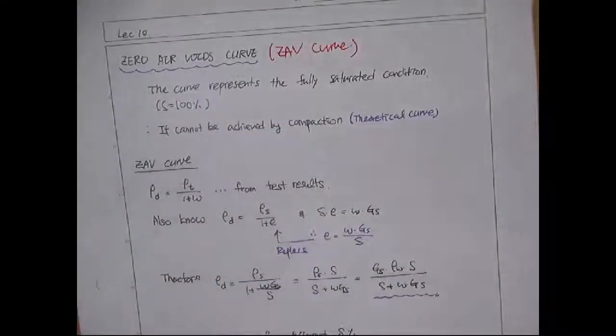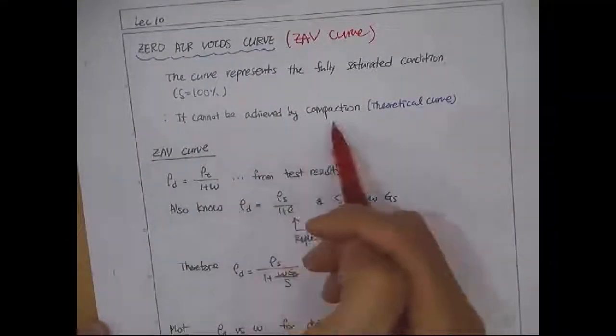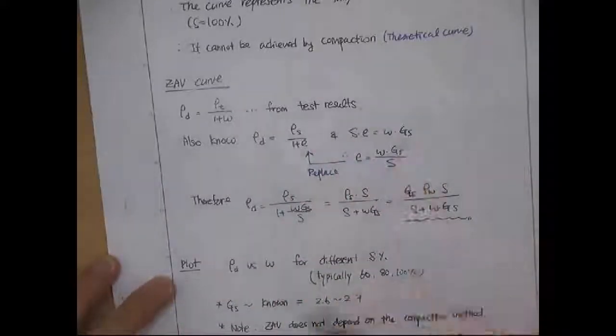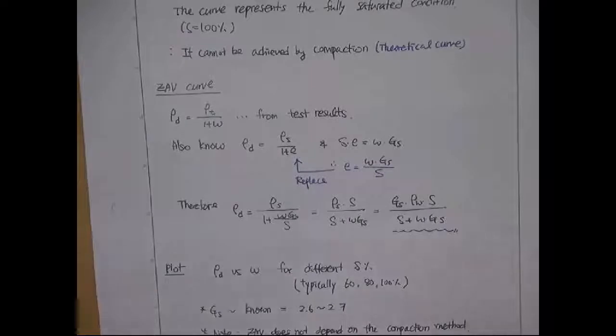So we are finding the dry density and water content relation when the degree of saturation is 100%. And it's a theoretical curve because it cannot be achieved by compaction, so you can only calculate it. Right?